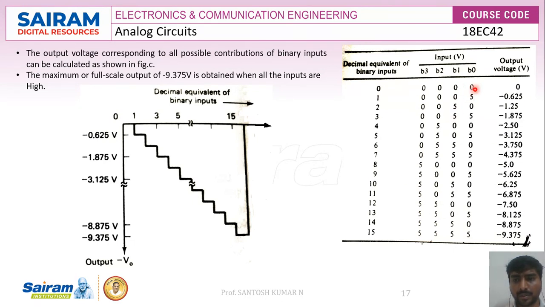For all zeros, the output will be 0. When bit B naught is 1, we get 0.625 volts, and when B1 is 1, we get 1.25 volts. When both B naught and B1 are 1, we get 1.875 volts, and so on. When all the bits are 1, we get minus 9.375 volts.